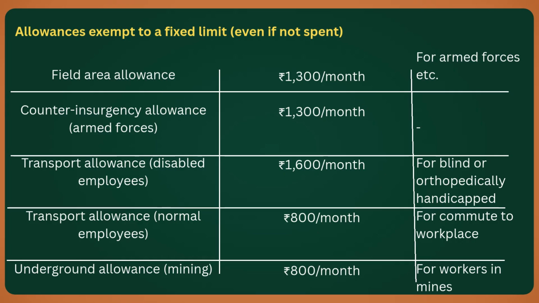Counter-insurgency allowance for armed forces, 1,300 rupees. Transport allowance for disabled employees, up to 1,600 rupees. Transport allowance for commuting to work, up to 800 rupees. Underground allowance for coal mine employees, up to 800 rupees. These fixed limits vary based on rules notified by the government.